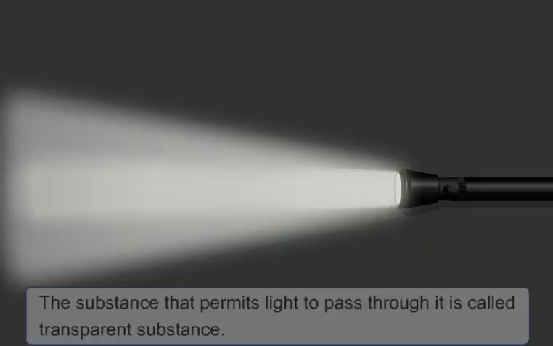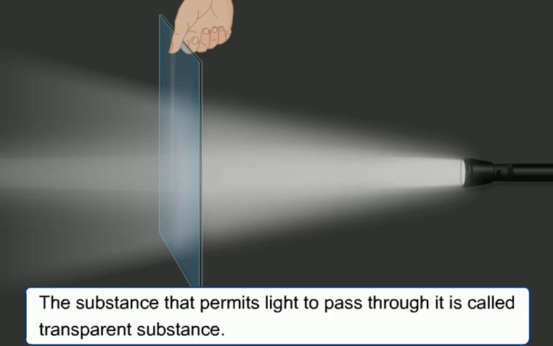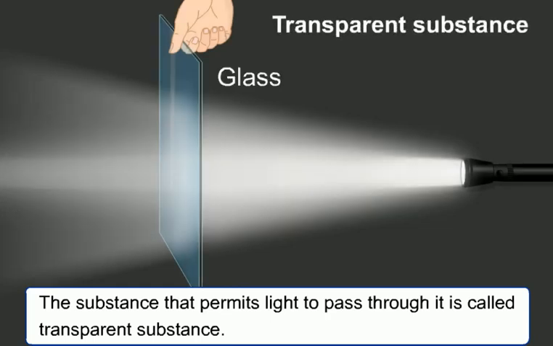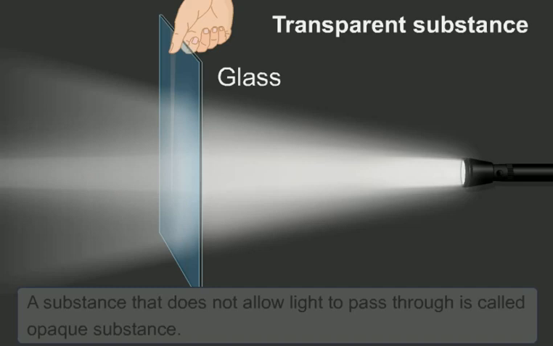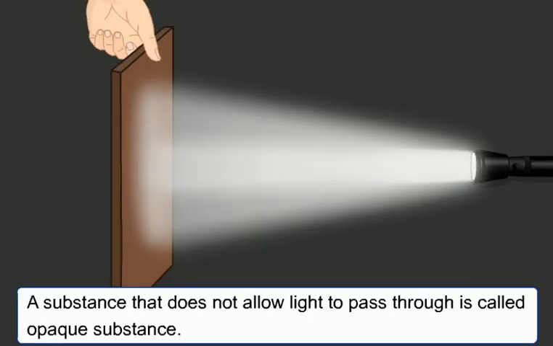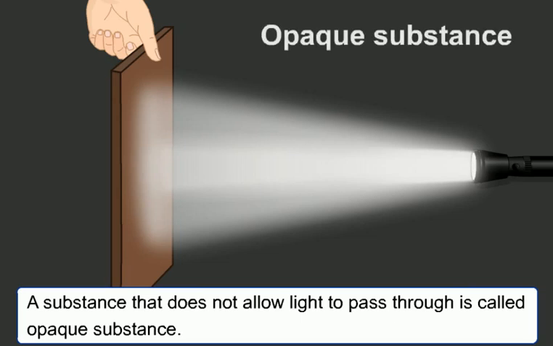A substance like glass that permits light to pass through it is called a transparent substance. A substance like plywood that does not allow light to pass through it is called an opaque substance.